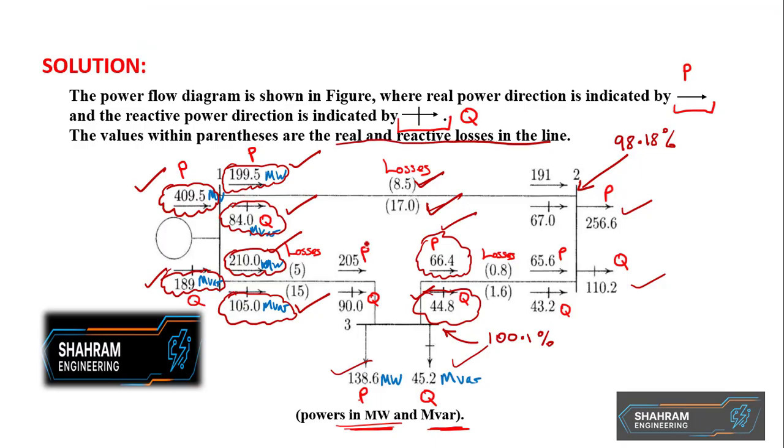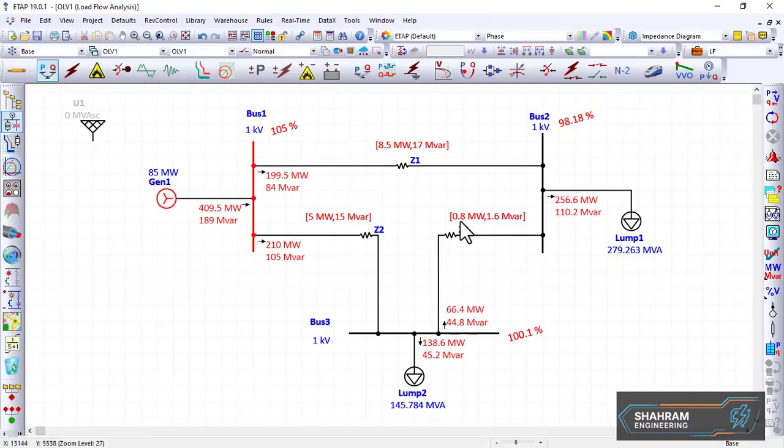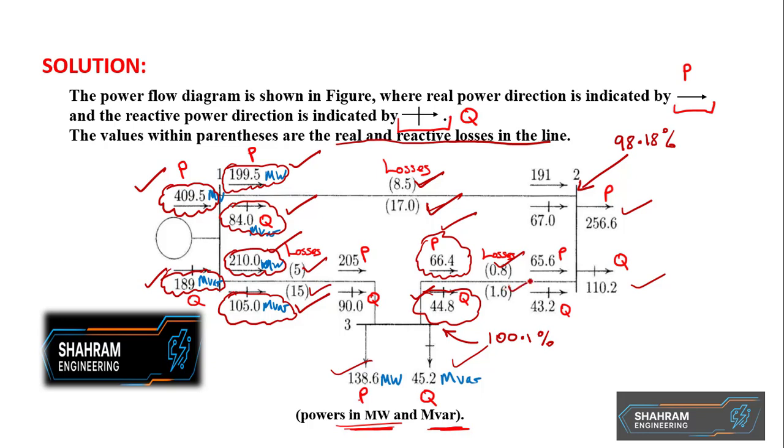Here 5 megawatts and 15 megavars, correct, and 0.8 megawatts and 1.6 megavars. This is correct. So all of these little things, on future videos I'll be going step by step, teaching you how to solve them, how to calculate them.